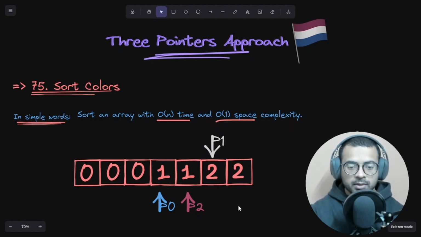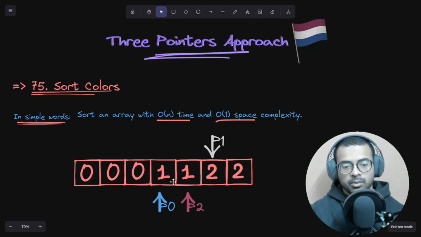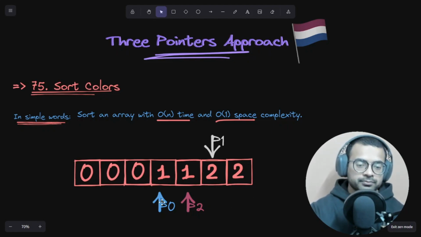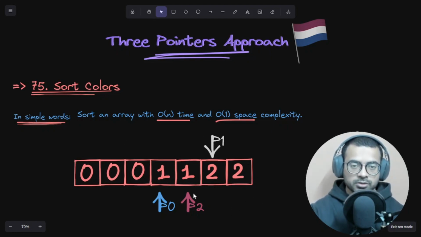Now if P1 crosses P2, we will simply break our loop, and eventually we will get our sorted array, where you can see zeros at the initial positions, then ones, and then twos. So this is how we will get a sorted array.